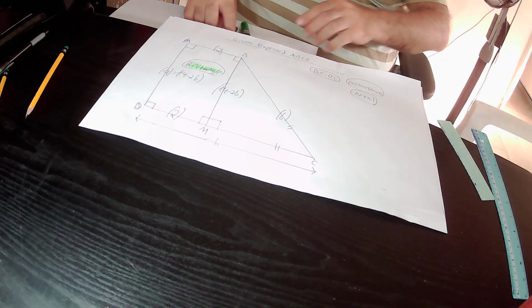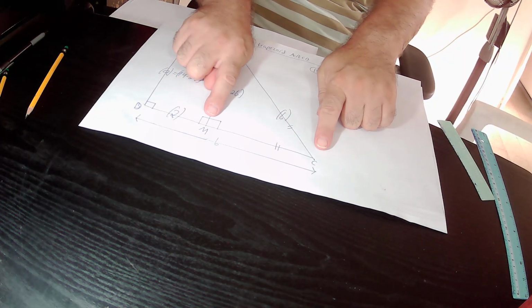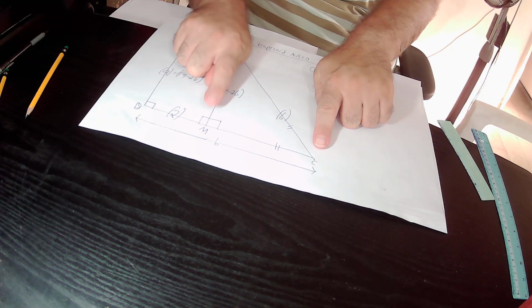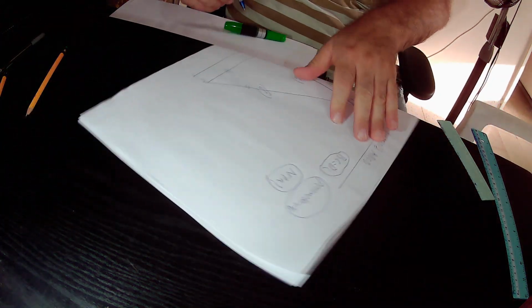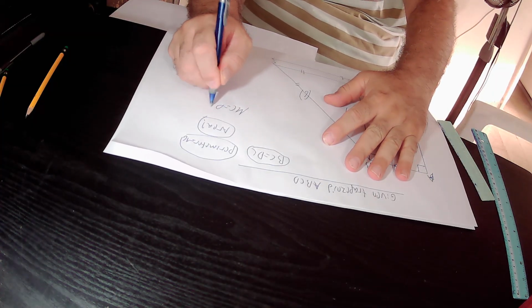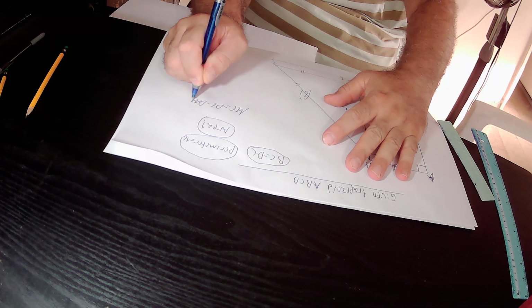What is the length of the missing line segment MC? MC equals BC, MC equals DC minus DM. So write it down. MC equals DC minus DM.